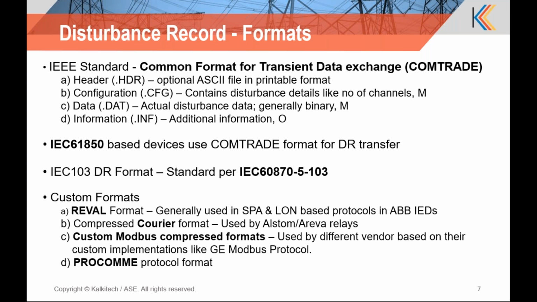The compressed Courier format is used by Alstom Areva relays, specified in the Courier protocol manual. There is a custom Modbus compressed format which GE widely uses, and we are now coming up with Procom format support, which is widely used in South American regions.